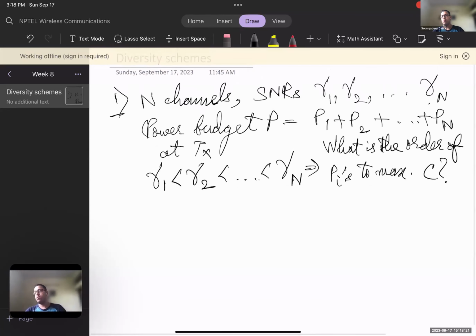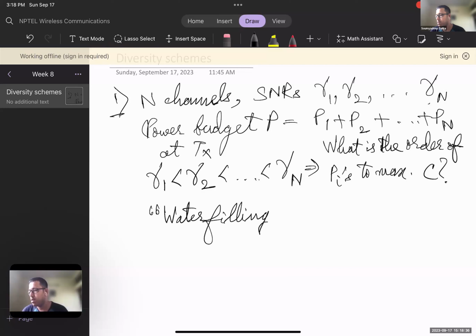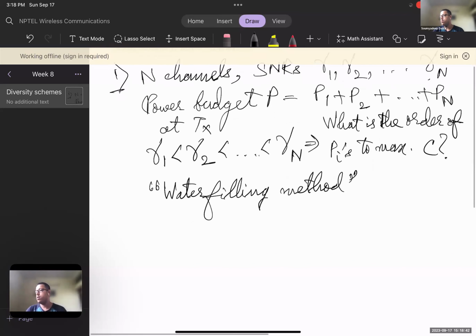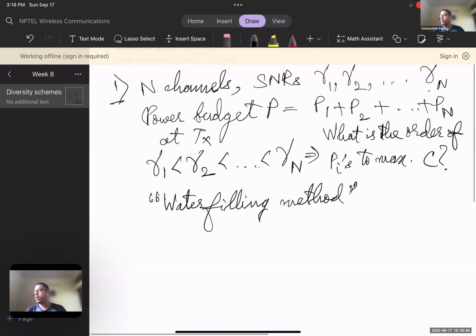Now, to understand this, this is actually something that comes later in the course. It's called the water filling method. There is a tiny proof also, where you can actually calculate these values of Pi.